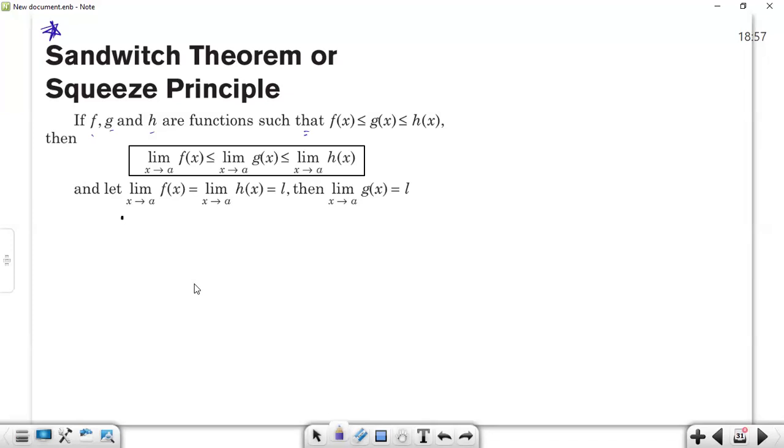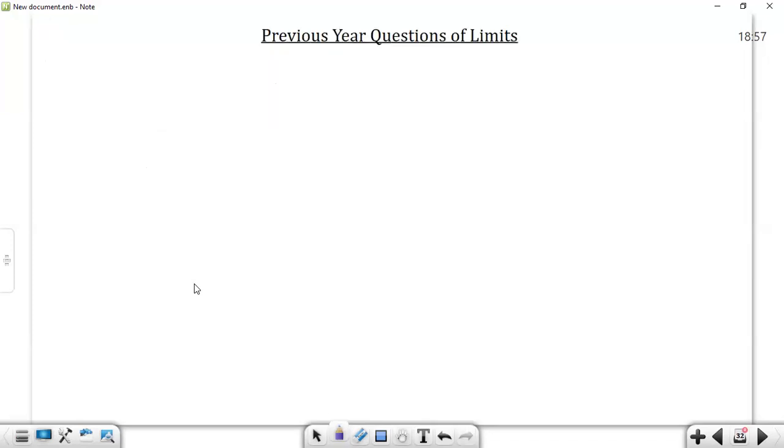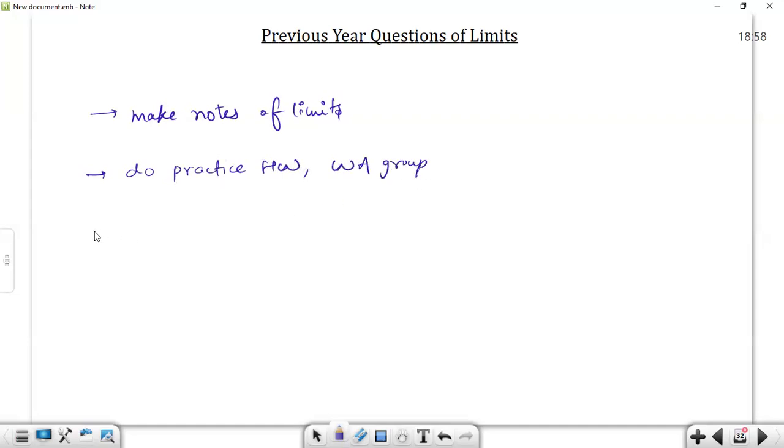Okay, so we are done with the concept of limits. What you have to do today: make notes of limits and do the practice homework and send it in the WhatsApp group. You have to solve at least 20 PYQs of limits in your rough notebook, and click pictures of those questions being solved.